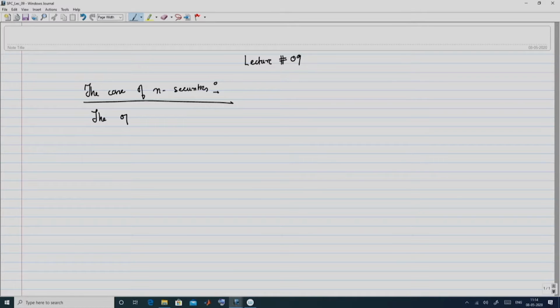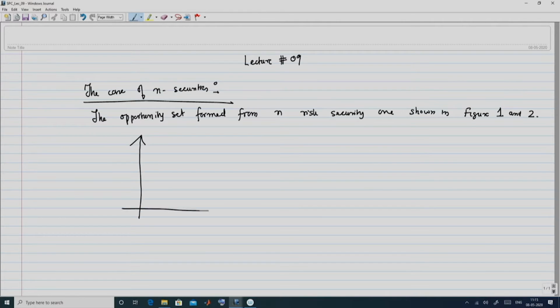So, we begin with recalling the opportunity set, and we give a visualization of this formed from n risky securities, and these are shown in figures 1 and 2. So, let me graphically give what the opportunity set will look like.